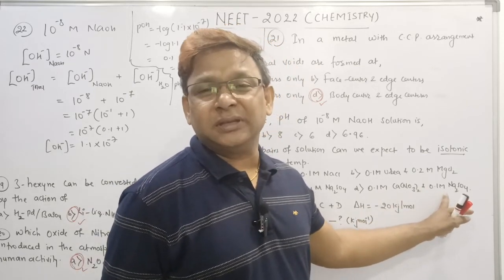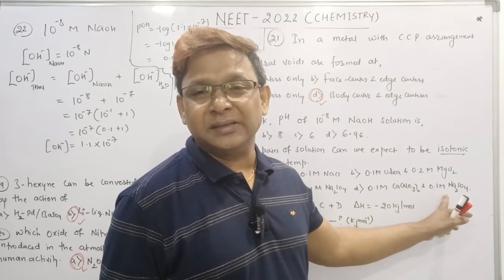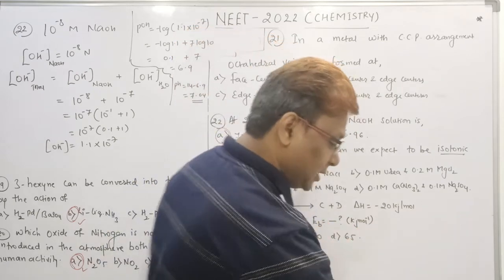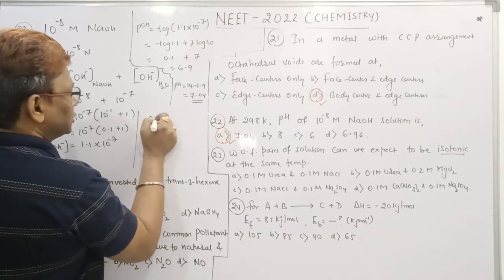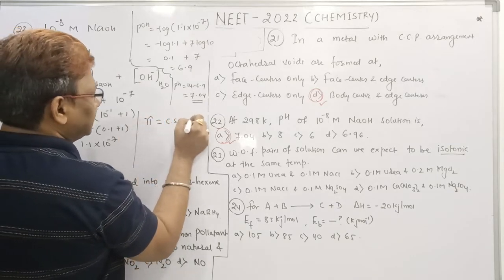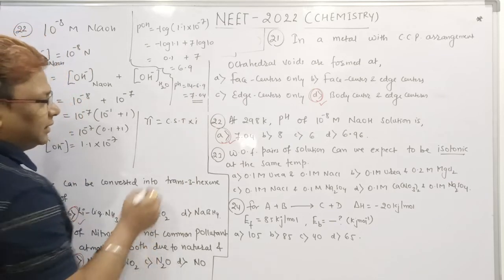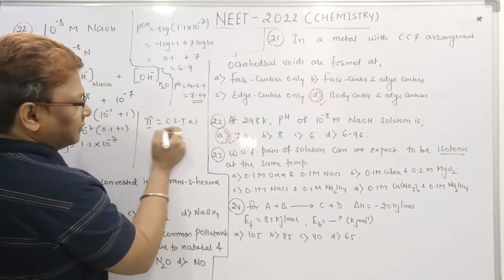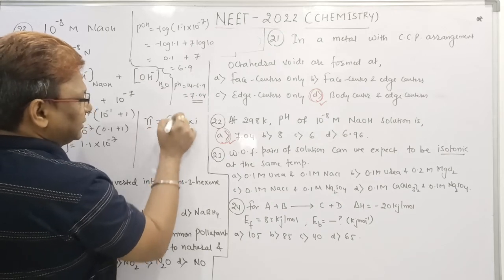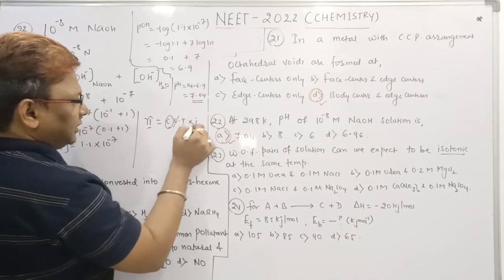Pi is equal to CRT, this is the formula; with the van't Hoff factor, osmotic pressure is pi equal to i C R T. But here the temperature is the same. Isotonic means the pi value is the same, so only check the concentration and this i.